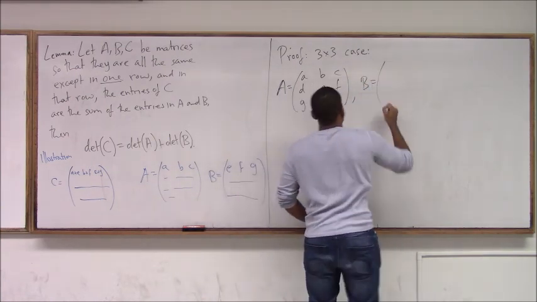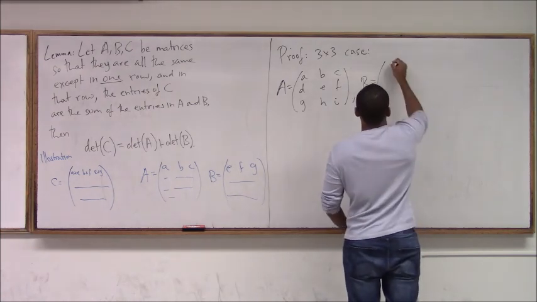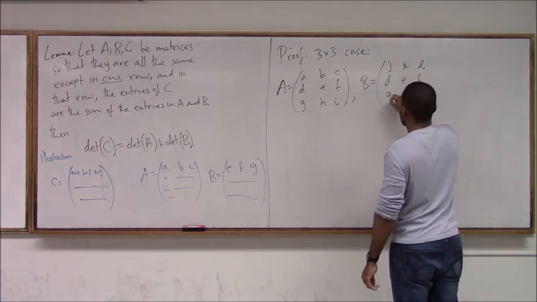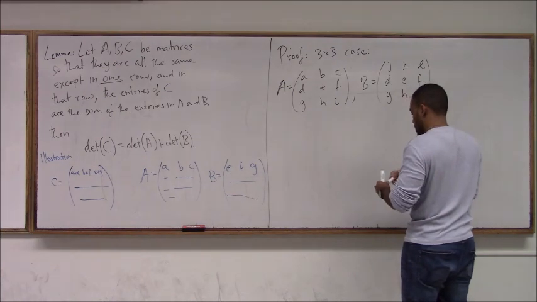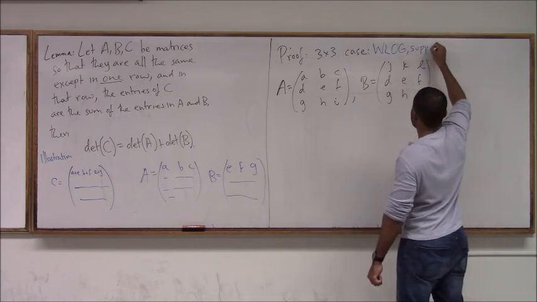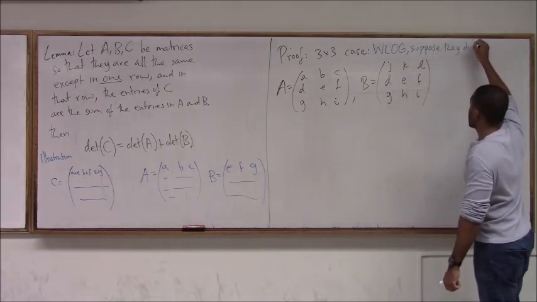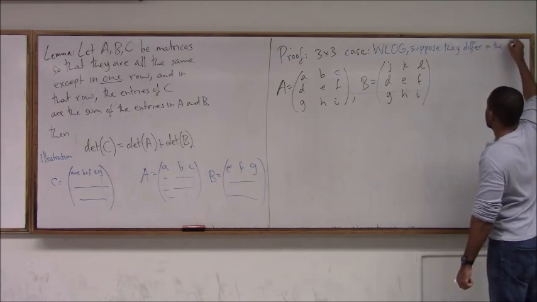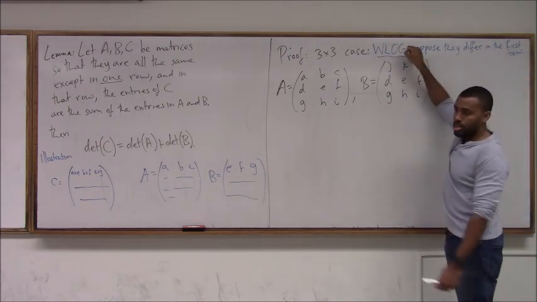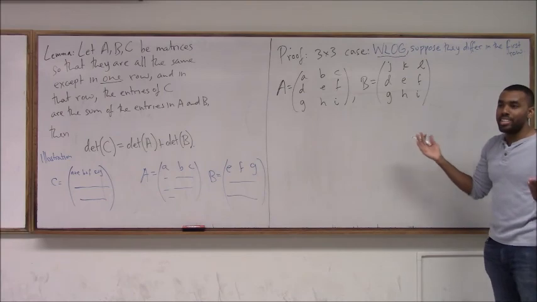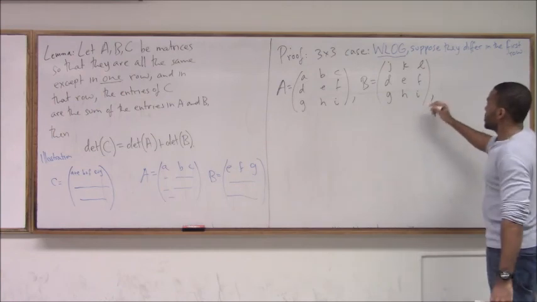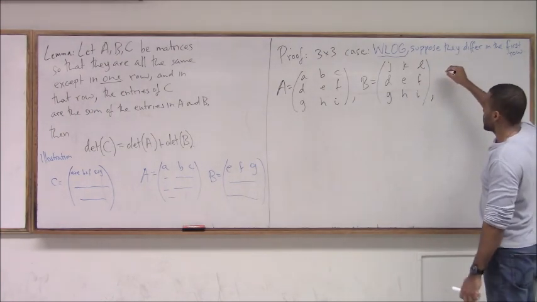My B is j, k, l, but everything else is the same. We're going to say WLOG, suppose they differ in the first row. WLOG means without loss of generality. It means the proof would be exactly the same if I had picked arbitrarily another row. I'll probably mention that a little later, but we're kind of out of time at the moment.